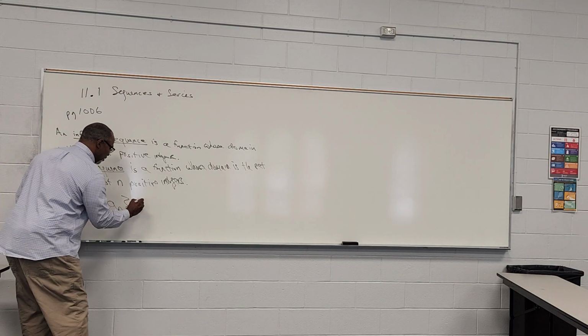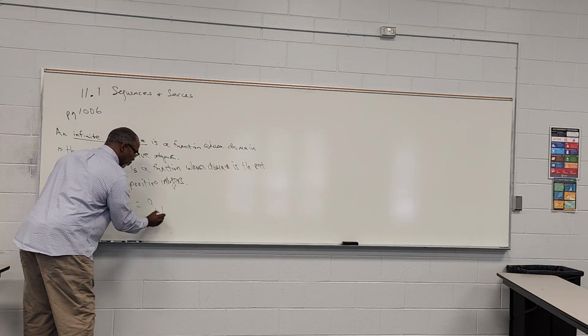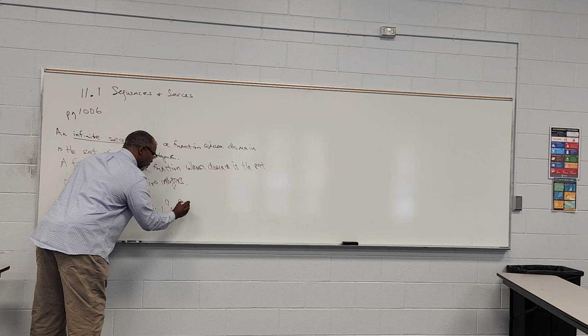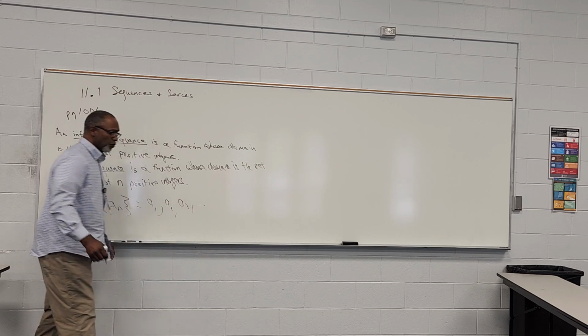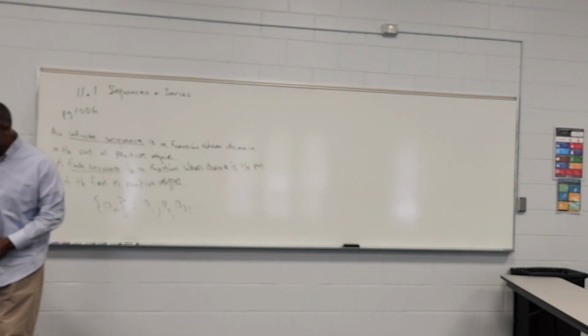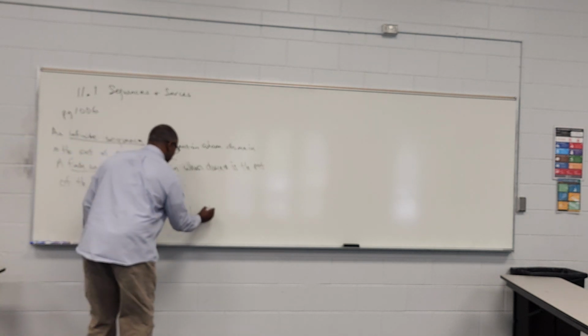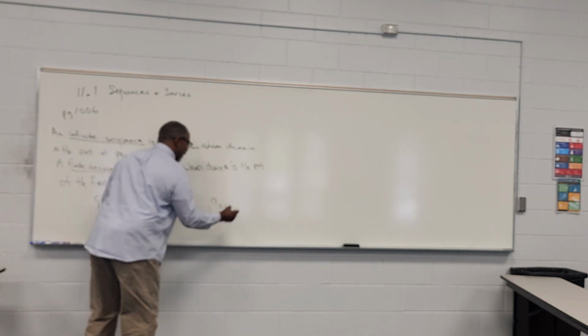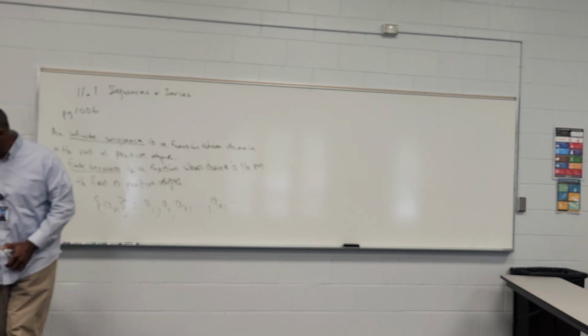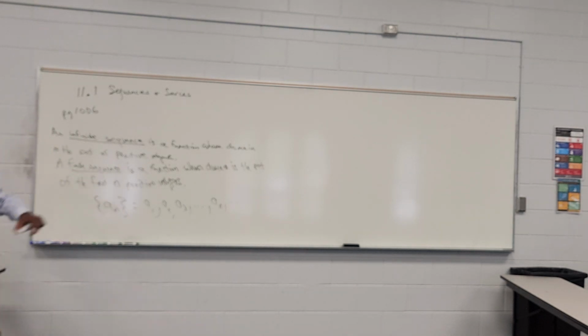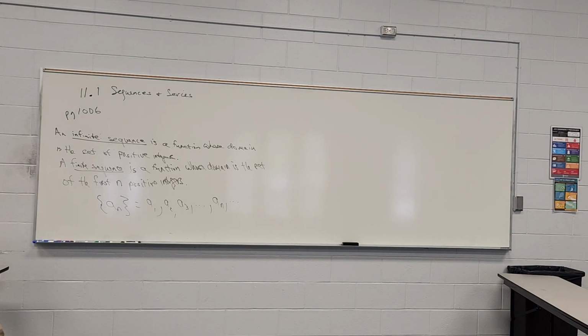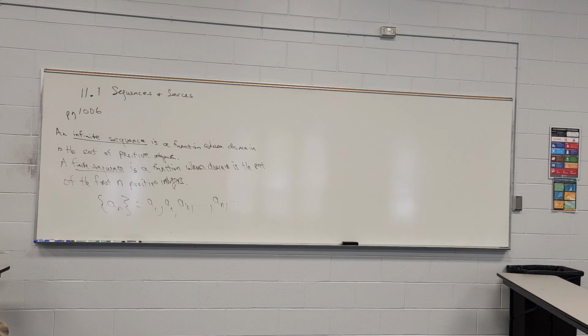This means term a1, then a2, then a3, and it keeps going forever. And you could write the nth term and then dot, dot, dot. That would be an infinite sequence, because there's going to be an infinite number of terms. So that's all a sequence is. It's just a list of terms, and it can be finite or infinite.